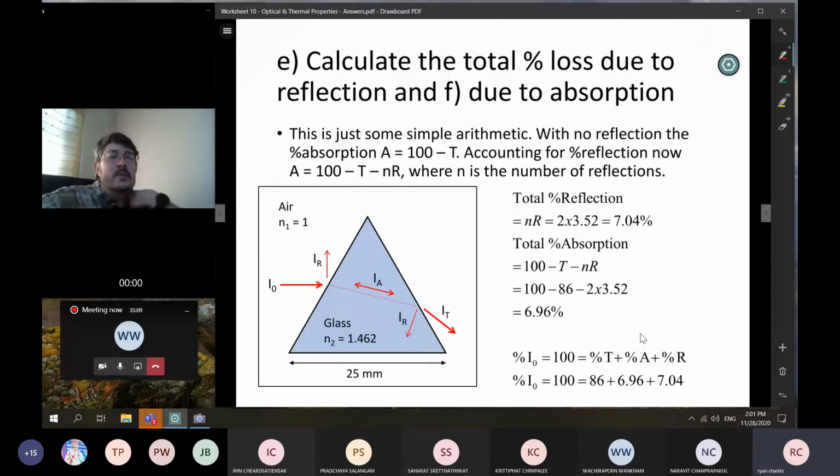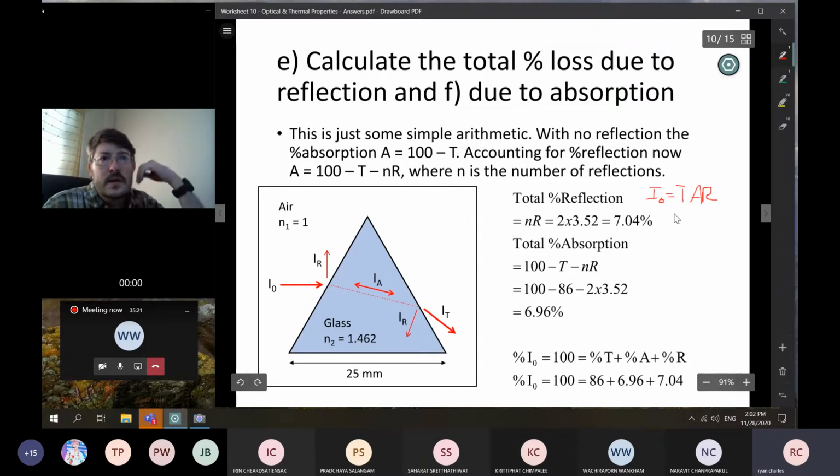All right. Now, some basic accounting. Remember, you have that TAR equation. It's not literally TAR. You have T plus A plus R. Everything has to add up to 100, or everything has to add up to 1.